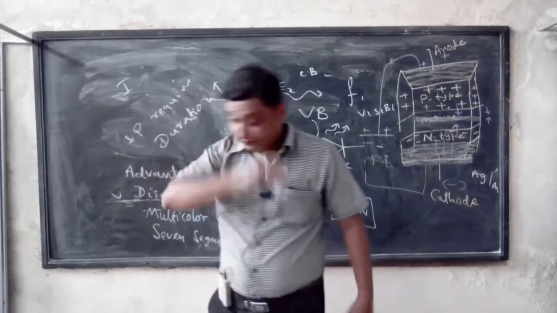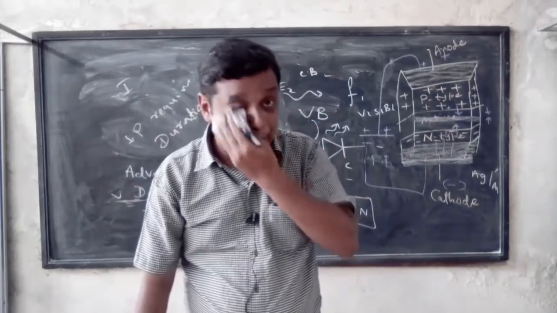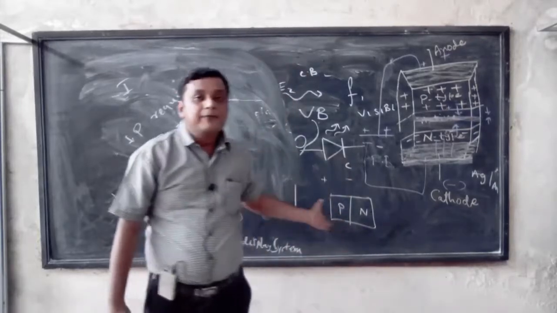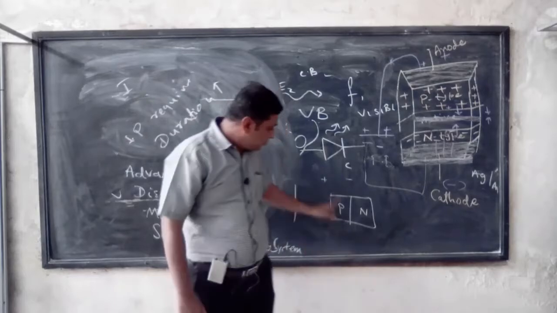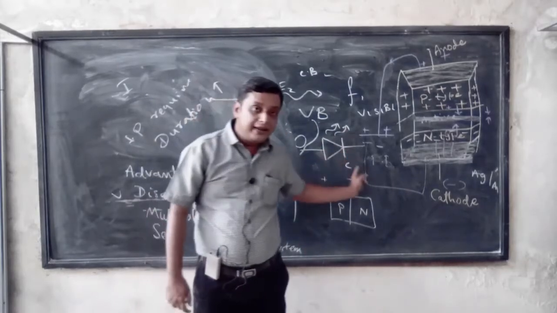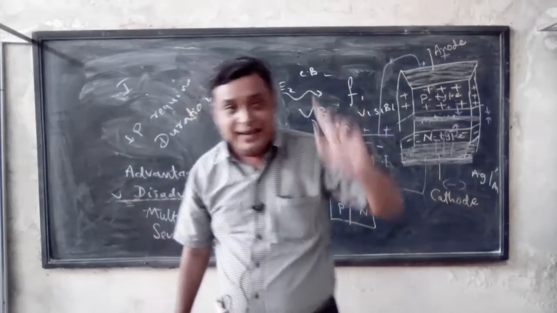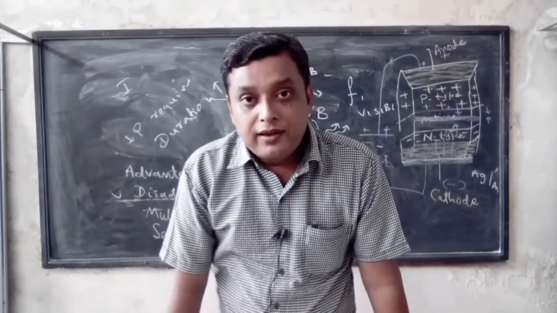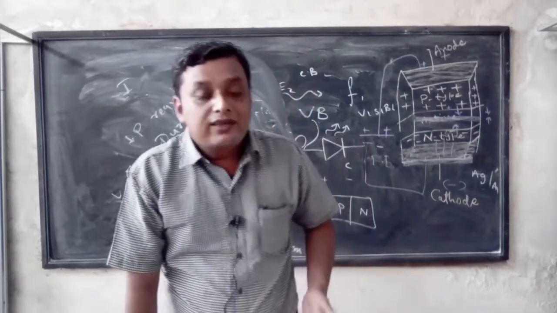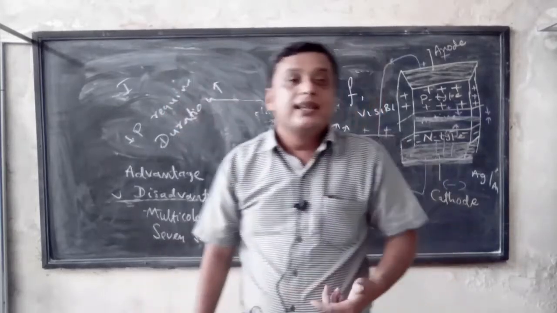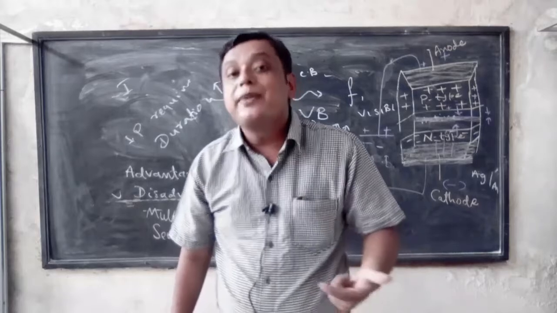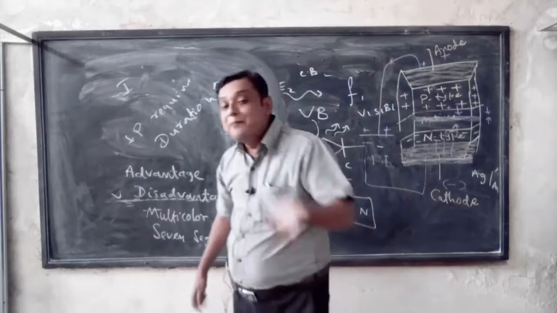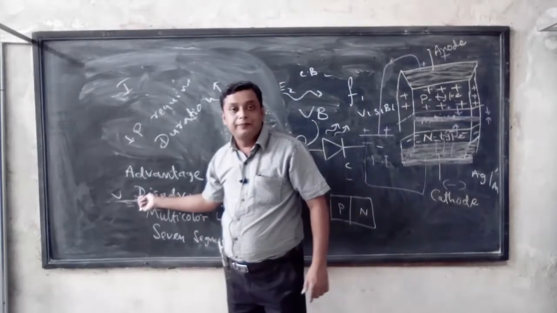Now the disadvantages. This is a device made up of semiconducting material, and the electrical property of semiconducting material totally depends on temperature. So the electrical parameters of the LED are based on temperature.